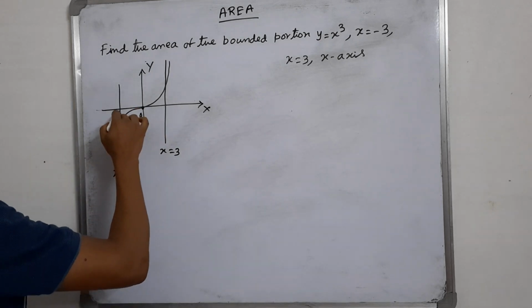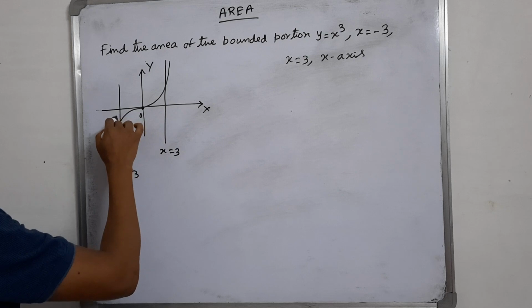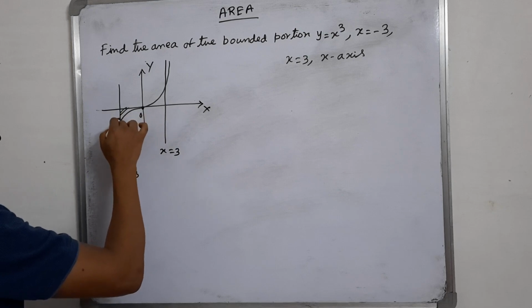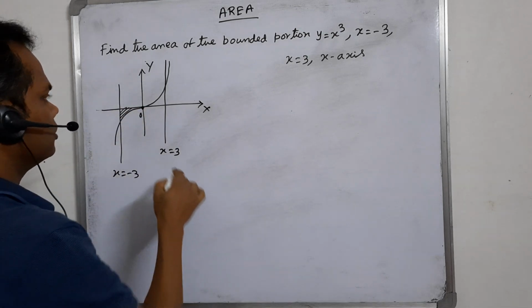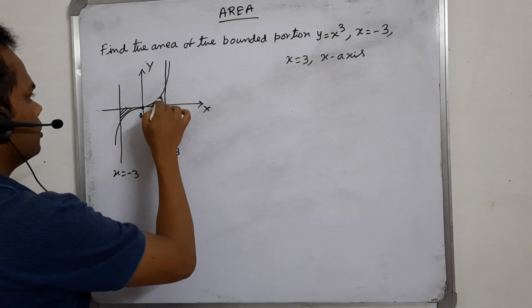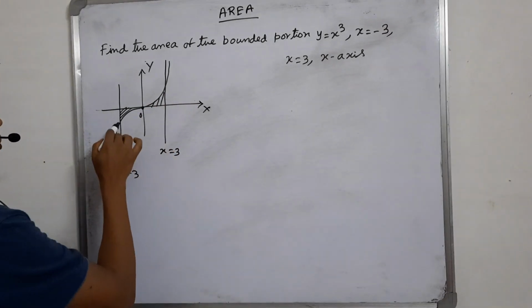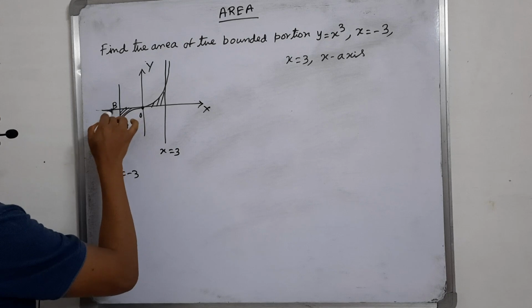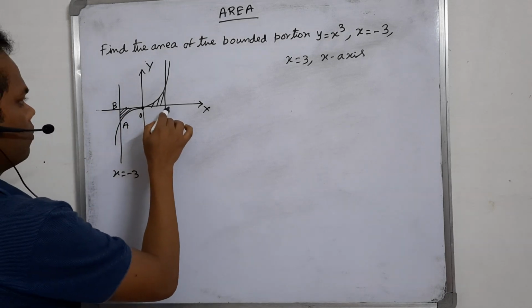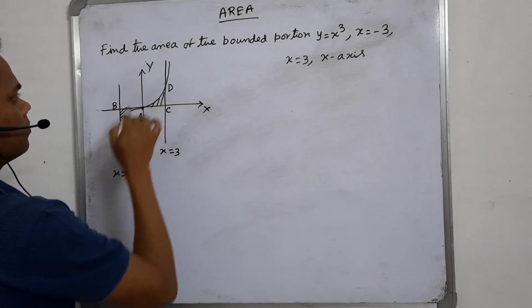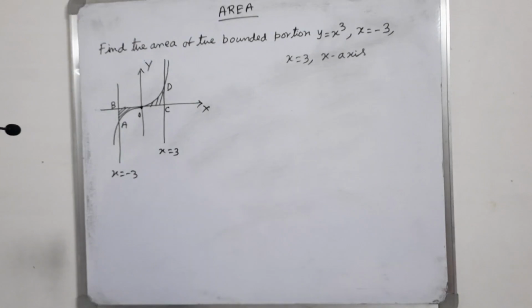So x equal to minus 3, the x-axis and the curve, this one is the shaded region, and x equal to 0, x equal to 3, this one is the shaded region. So A, B, O and O, C, D is the required shaded region.